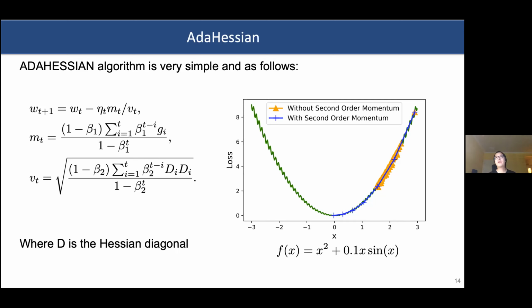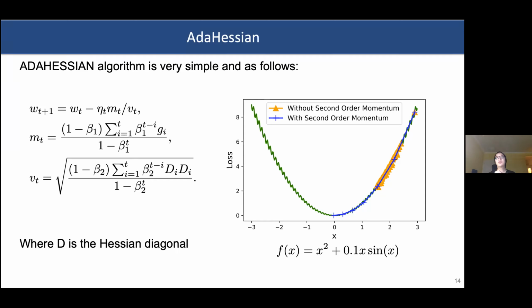So here we show a very simple 1D example. f(x) equals x squared plus 0.1 x sin x. You can see overall it's still a quadratic function. However, you have a lot of local noise, as this 0.1 x times sin x will give you a lot of local noise.